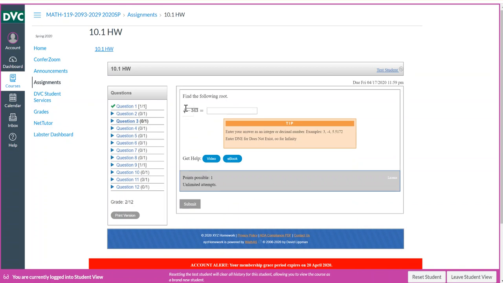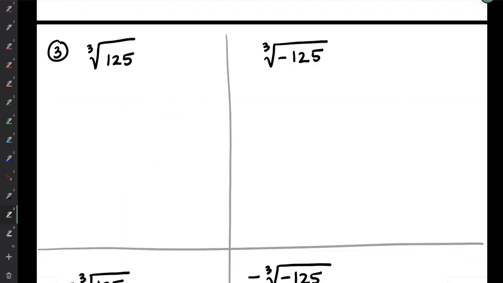Okay, now let's take a look at question 3. Question 3 now, notice there's a little tiny number up there that's a 3. That's a cube root. So let's investigate a similar problem to this. I don't want to do this exact one because it's not going to randomize the numbers, but let's do something similar.